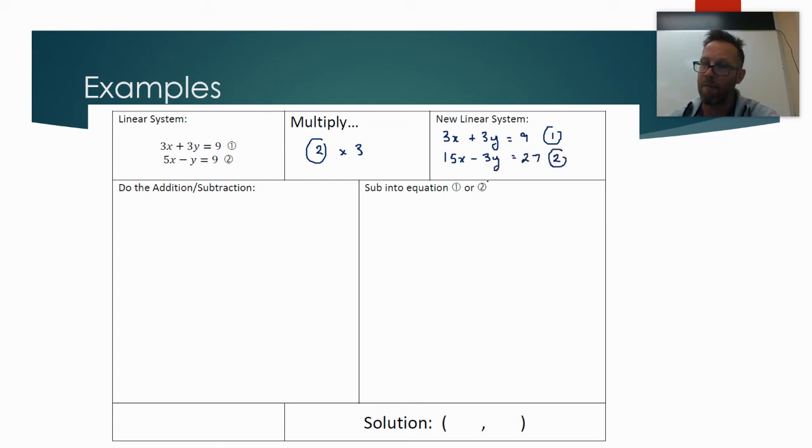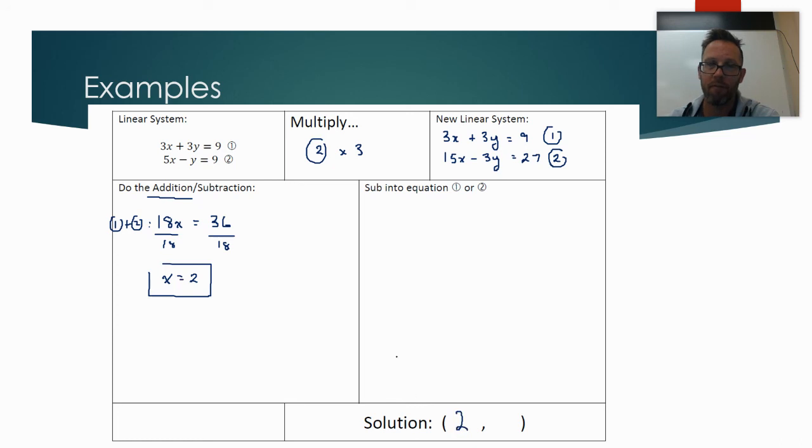In this case, we've matched the y's, but because they're opposite signs, adding will eliminate a variable. We get 18x. Again, we're adding, 1 plus 2. The y's go away, and 9 plus 27 is 36. This works out nice because 36 divided by 18 is exactly 2.